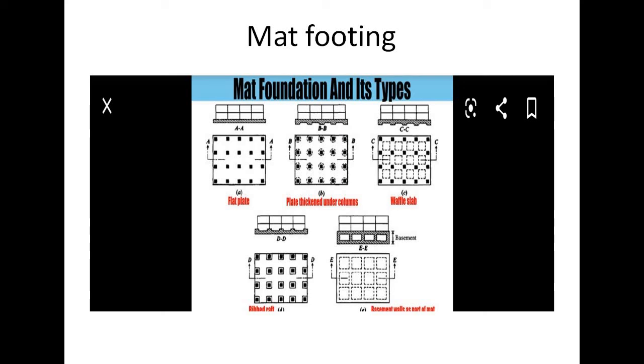Mat foundations are useful in reducing differential settlements on non-homogeneous soils or where there is a large variation in the loads. We have five types of mat foundation: flat plate, thickened under columns, waffle slab, slab and beam, and basement walls as part of mat.